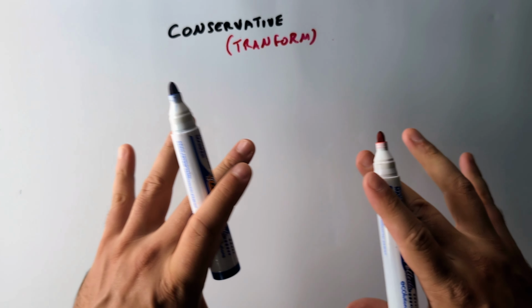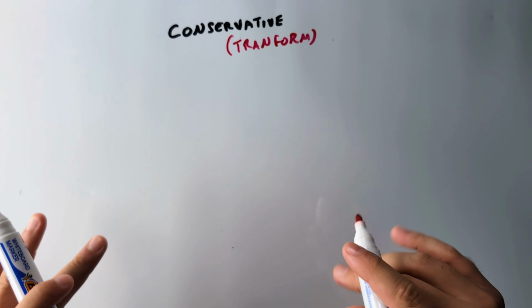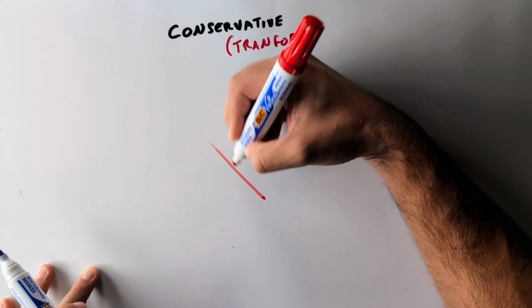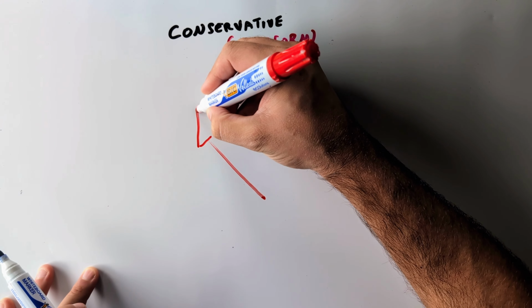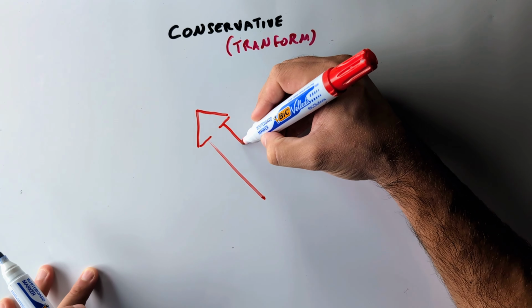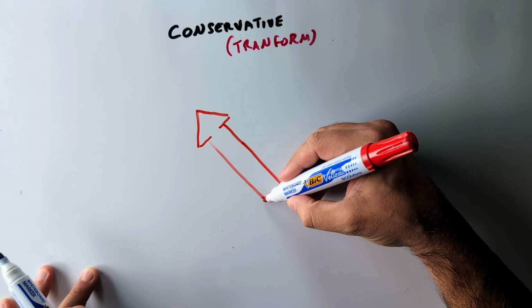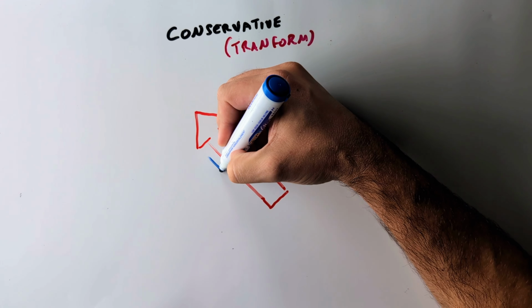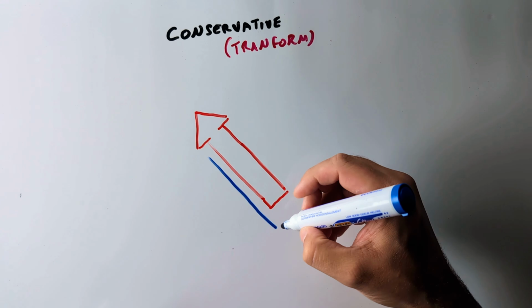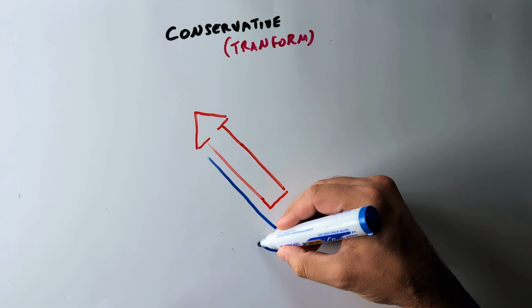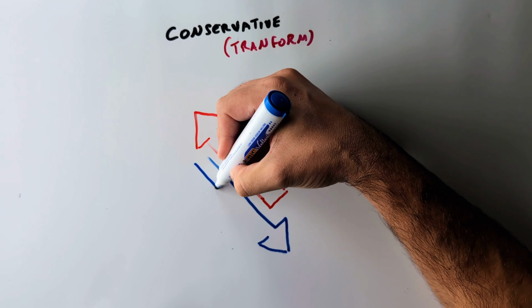Okay, so let's deal with the last type of tectonic plate boundary, conservative. Now, with a conservative plate boundary, what you see is there are two tectonic plates moving side by side. In the example I'm about to give you, they are moving in opposite directions, and that's just because the example I will use later is true.